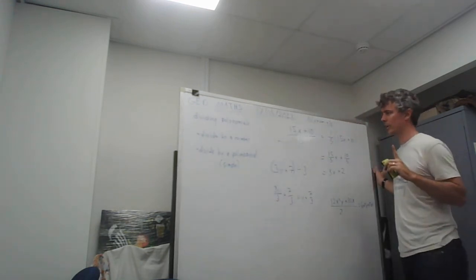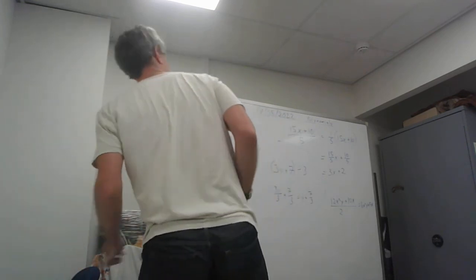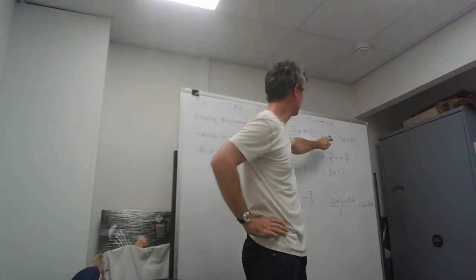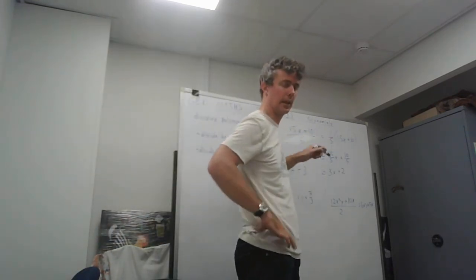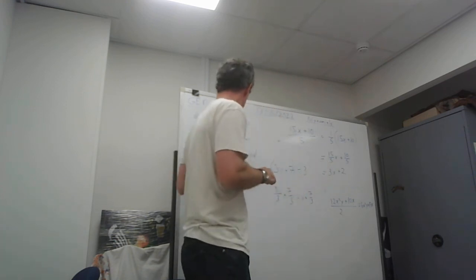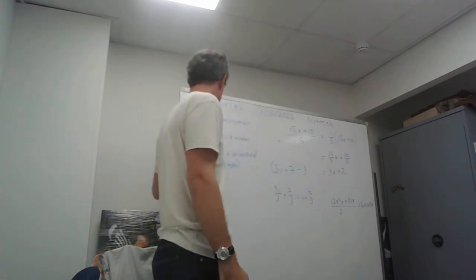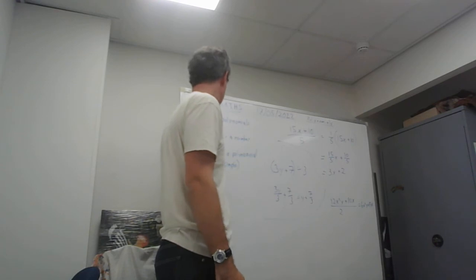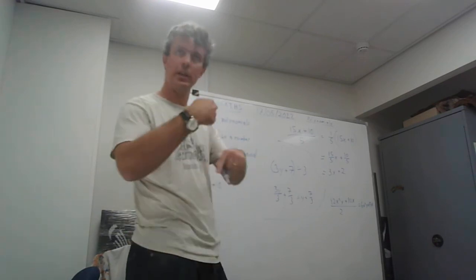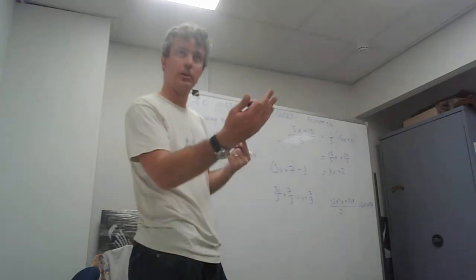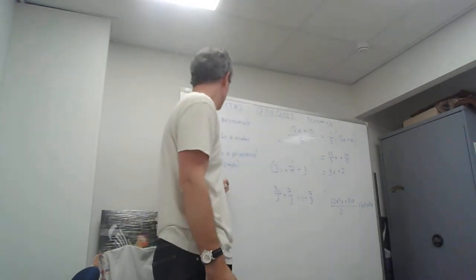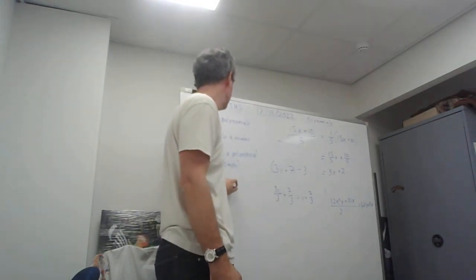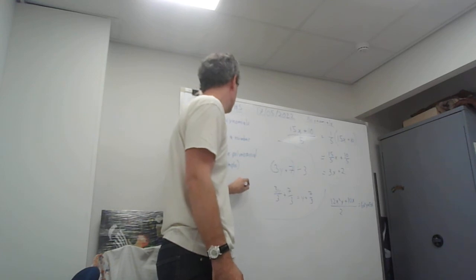Oh wait, I wanted to show one other thing. For example, this one, there's one other way you could see this. 15x plus 10, we can use the inverse distributive property to pull the 5 out. So we can say immediately that equals 5 times 3x plus 2.